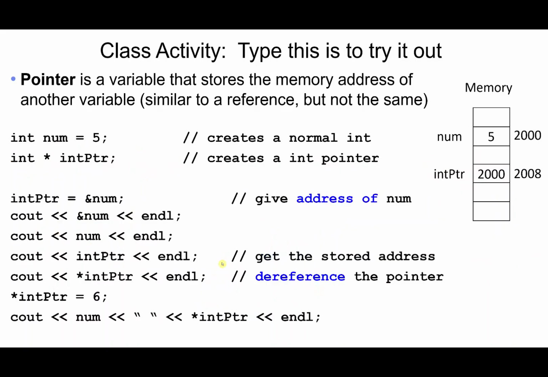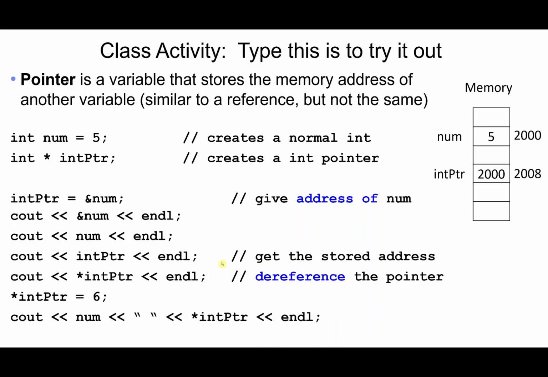Now, here is something. Now, with reference variables, if you remember, you cannot reference another variable with the same reference. But in pointers, you can.